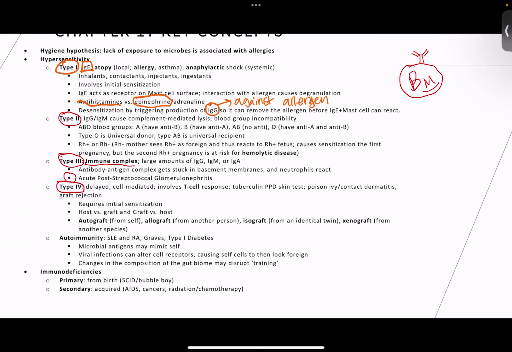The memory cells, when they see the antigen come up, can immediately just start cranking out antibody. So this would be IgG, which is our workhorse, found in your bloodstream in high concentrations.